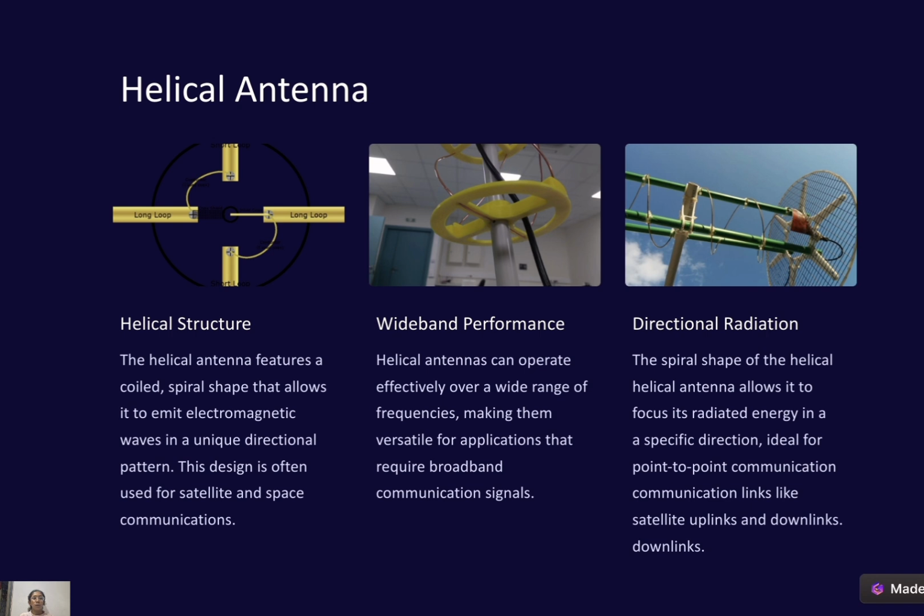Helical antennas can operate effectively over a wide range of frequencies, making them versatile for communication and broadcast signals. The spiral shape of a helical antenna allows us to focus radiation and energy in specific directions, ideal for point-to-point communication links, satellite uplinks, and downlinks.